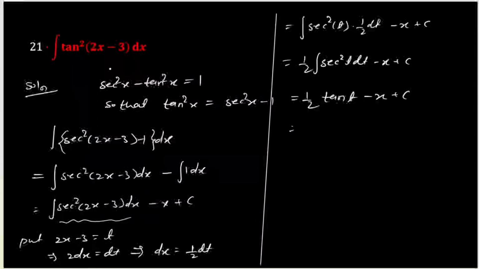And we replace t in terms of x, we get 1 by 2 tan of (2x minus 3) plus c. This is your answer.